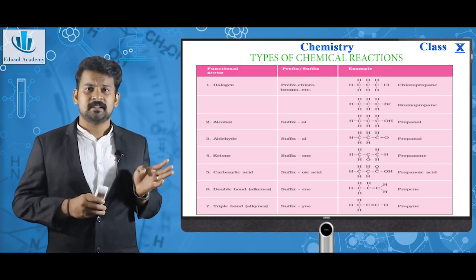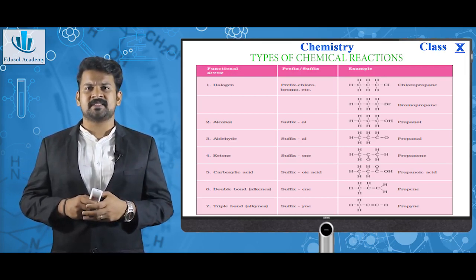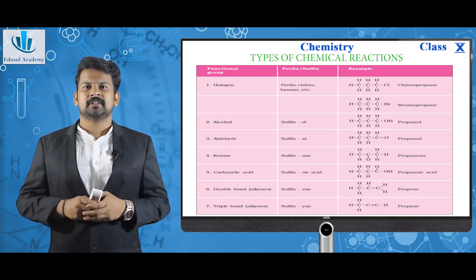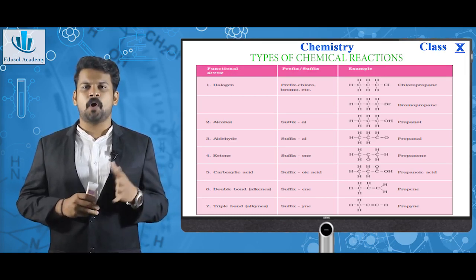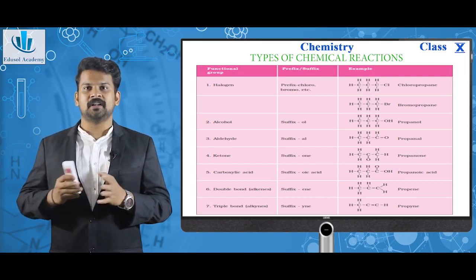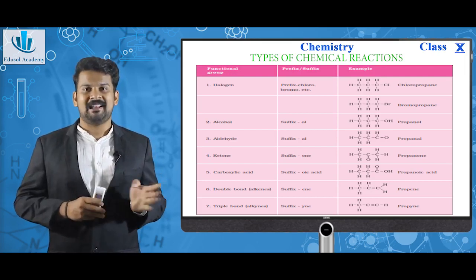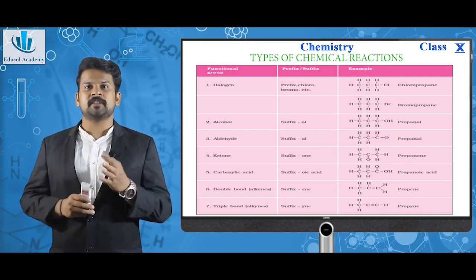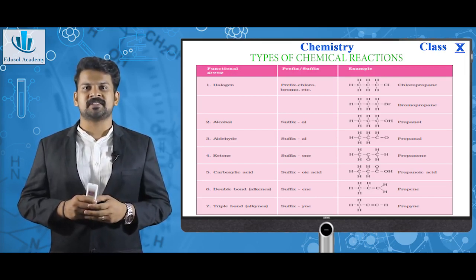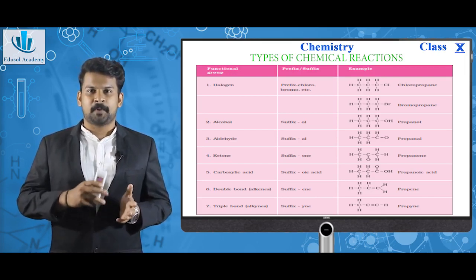As you can see, when we look at the number of carbon atoms, it's again prop. The functional group is OH. It is saturated, so we just take propan and we add the suffix ol. Now propanol. The same is with aldehyde. The functional group is CHO. Including the functional group, the number of carbon atoms is 3, hence prop.